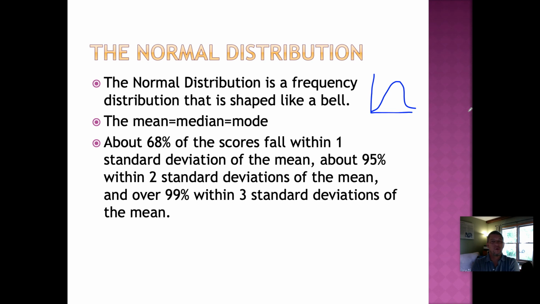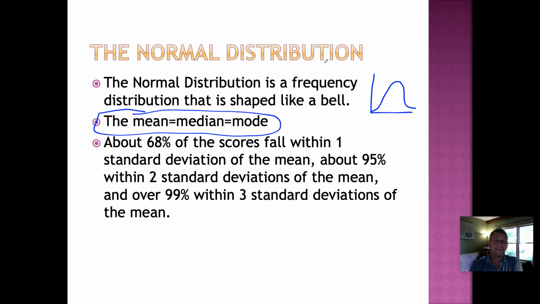So the normal distribution is a frequency distribution that is shaped like a bell. And the key for a normal distribution is that the mean and the median and the mode are all the same. This is key. Very important. Make sure you remember this. The mean, median, and mode are exactly the same.